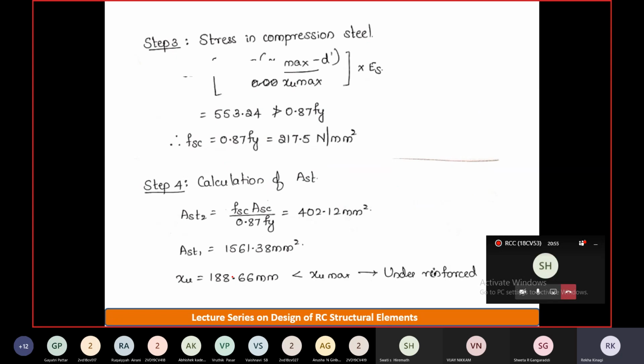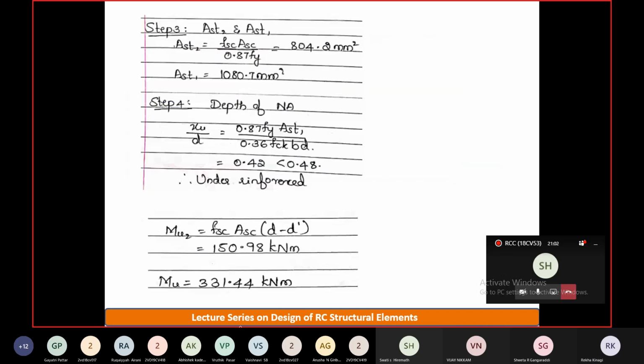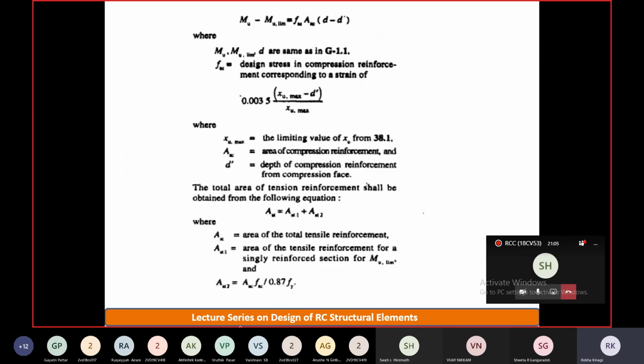In order to compute this, what I can do is calculate the stress in the compression steel, that is FSC. How can we calculate FSC?